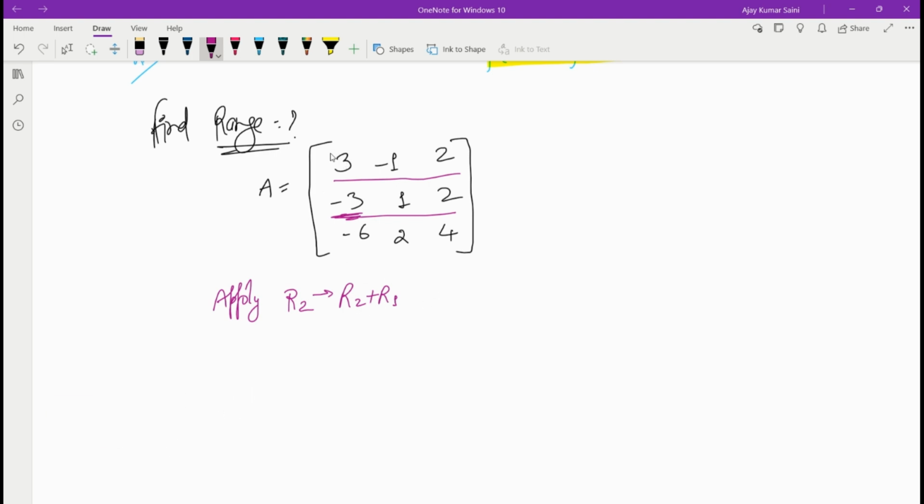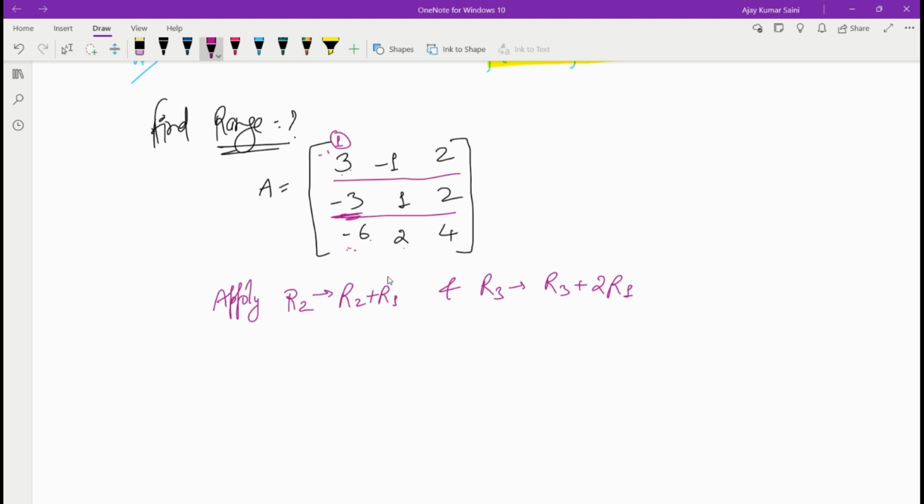We don't change the first row, only the others. First I convert the second row, and then the third row with R3 plus 2R1. Here it is 3 and minus 6; if I multiply this by 2 and add, it is 0, and this is also 0.